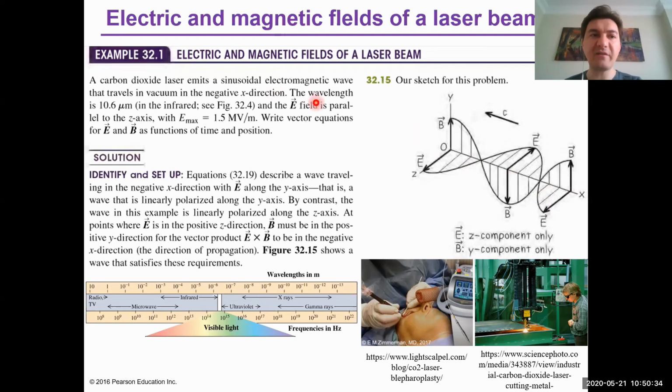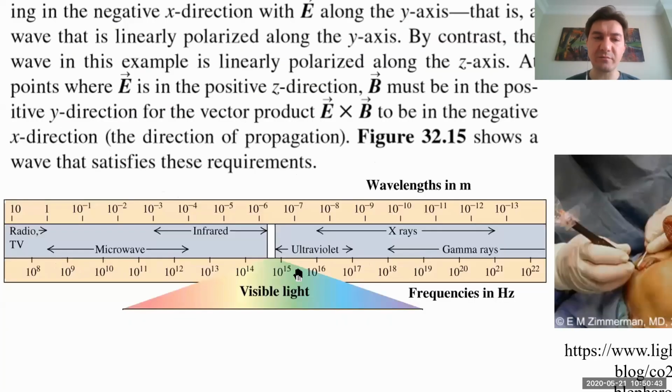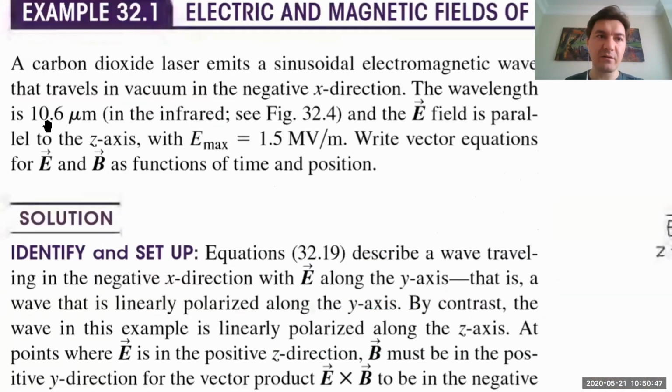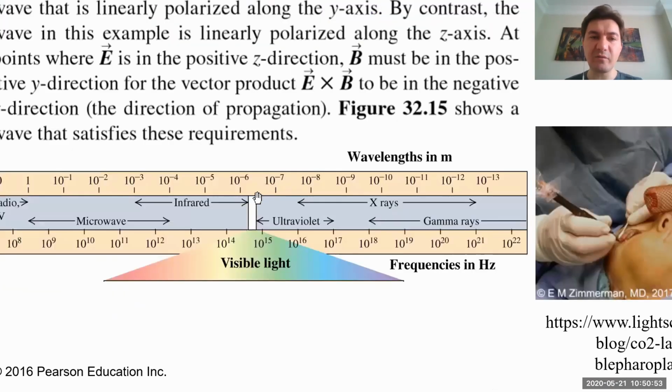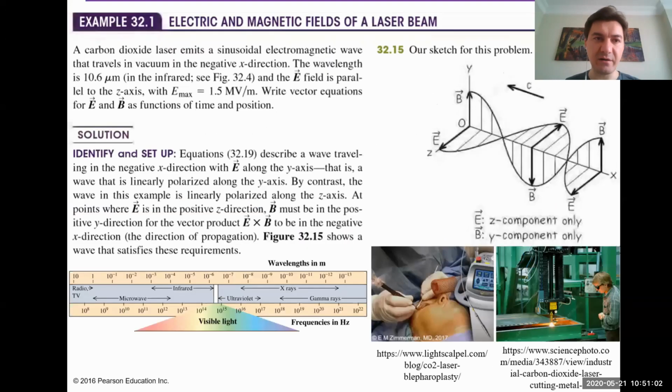The wavelength is 10.6 micrometer in the infrared region. During the last lecture, we have seen the electromagnetic spectrum. Micrometer is 10 to minus 6 meter. So it is located in the infrared region, carbon dioxide laser.